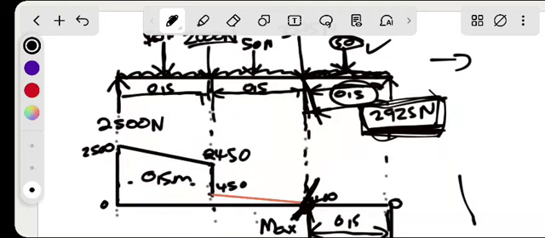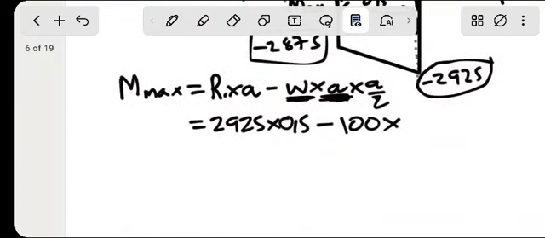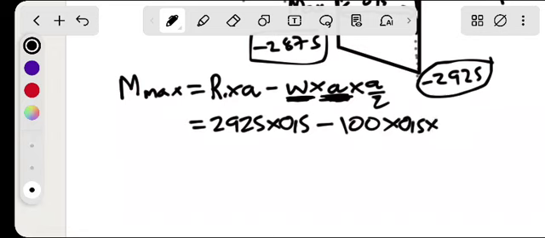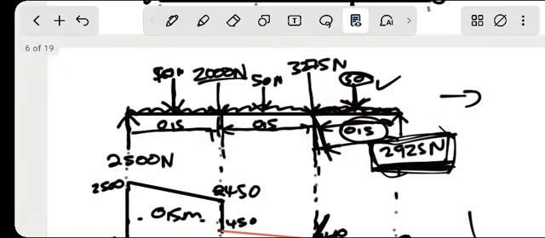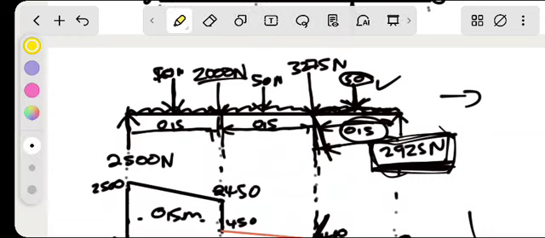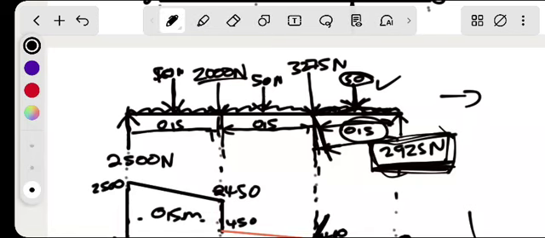That length is 0.5 multiplied by the half of it. The half of this is 0.25. Actually, what do we want? We want the reaction force here.